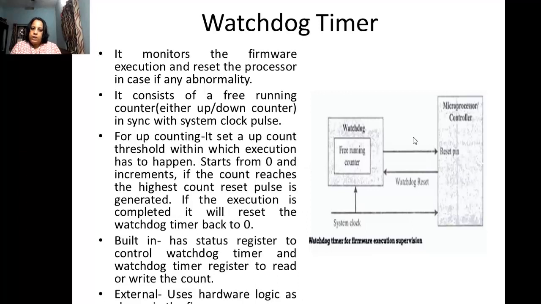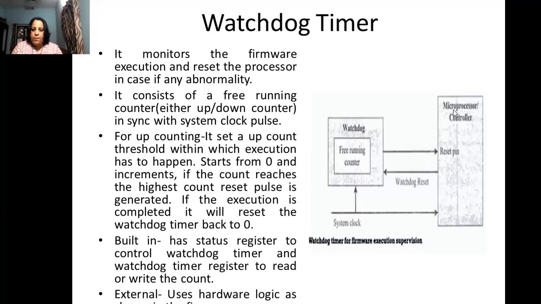Now if the execution is over within 10 clock pulses, then the watchdog timer will be reset. The watchdog reset will be sent across, and the free running counter will start again from 0 for the next execution. And if the counter has reached the count of 10 and the execution is not over yet, or the processor has not sent the watchdog reset signal yet, then the watchdog timer sends the reset to the processor, and the processor goes into reset mode.